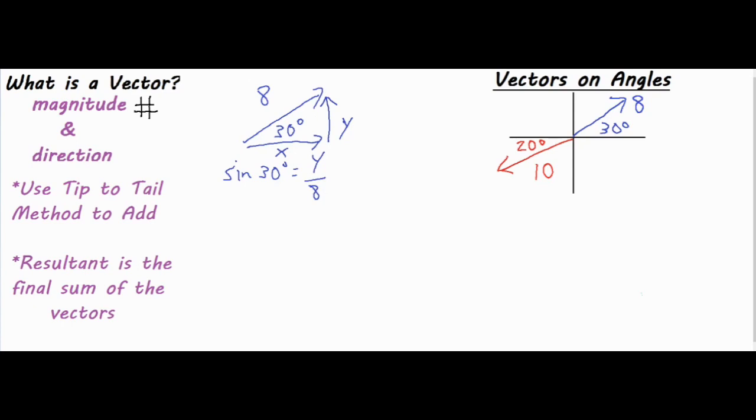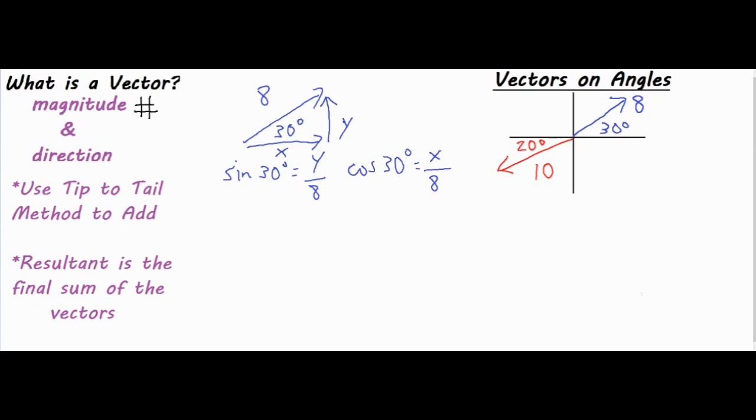And then for the x component, we're going to use cosine, so the cosine of 30 degrees is equal to the adjacent side, so the side that's right beside it, that's definitely not opposite of it, and it's definitely not the hypotenuse, the longest side of our triangle. So that is x over the hypotenuse.